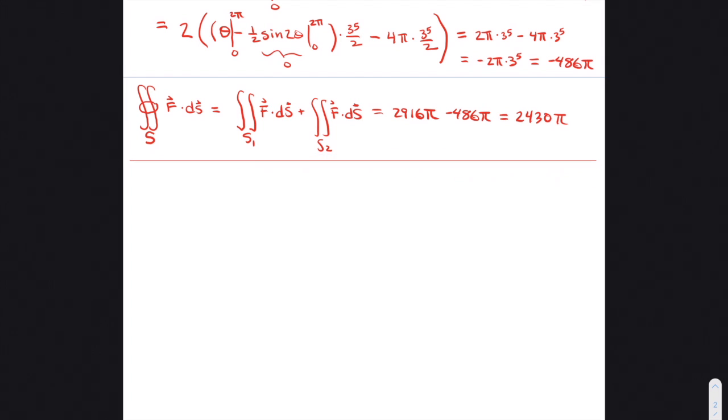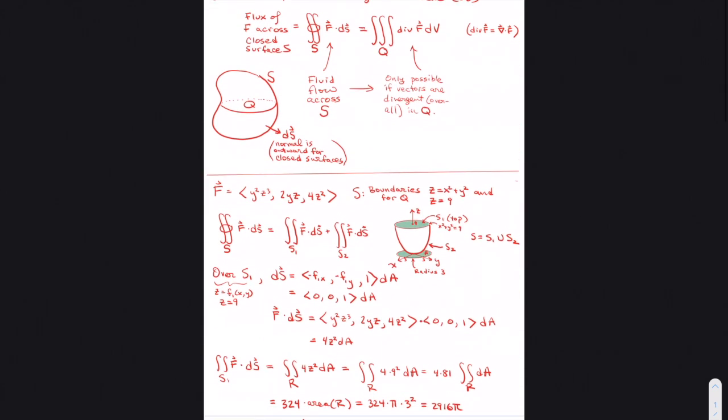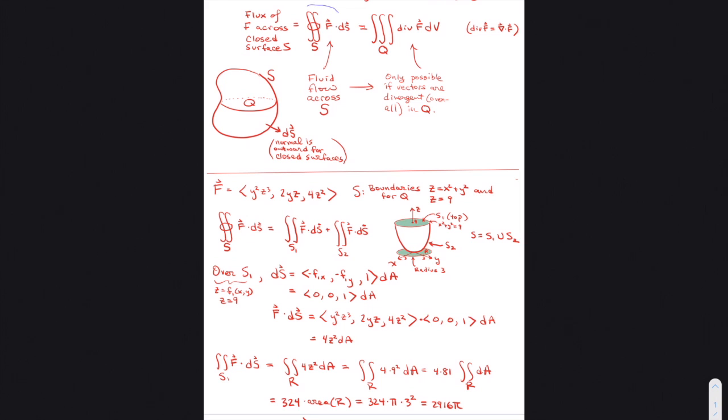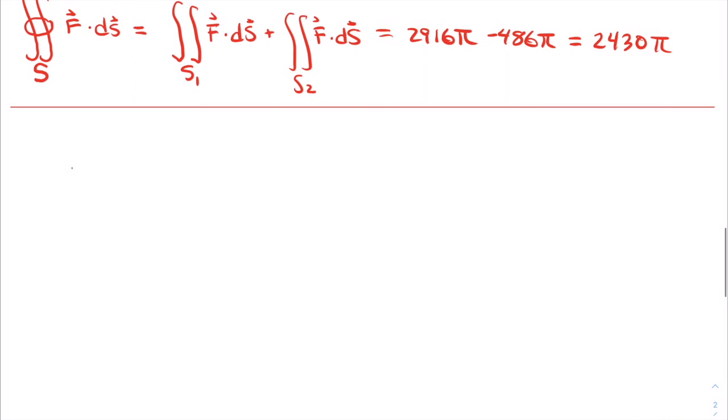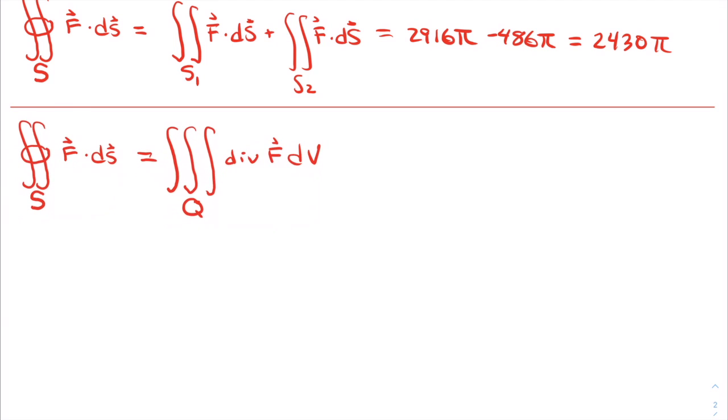Now this is supposed to be equal to the divergence, right? So let's get back to the divergence theorem, way up at the top here, and see how it comes out if we do it the opposite way. So we're going to need to do the divergence of our field real quick. div f is defined to be del dot f.